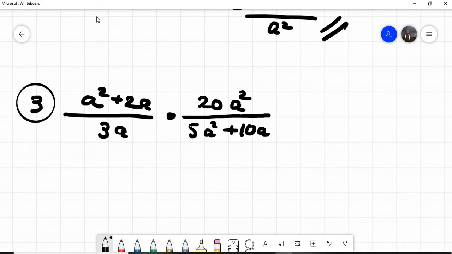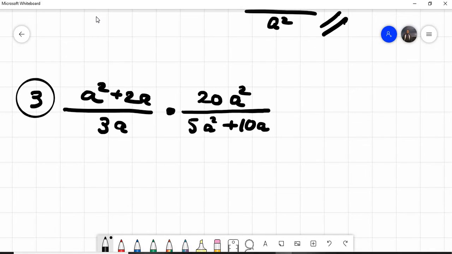Example 3, we are given this. We have to simplify this one and this one by factoring out.